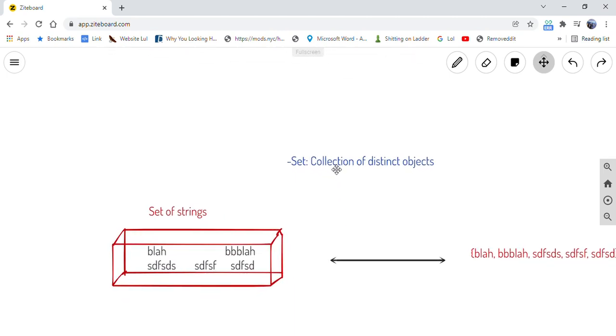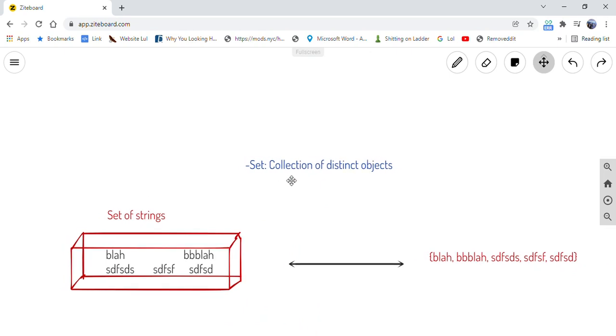So here I've shown a set pictorially as well. It's simply a collection of distinct objects, an aggregation of objects, and this is intentionally vague, because an object can be anything. It doesn't have to be mathematical.